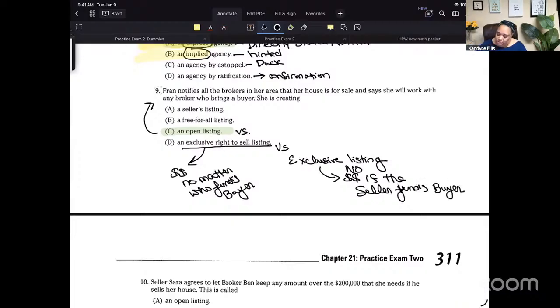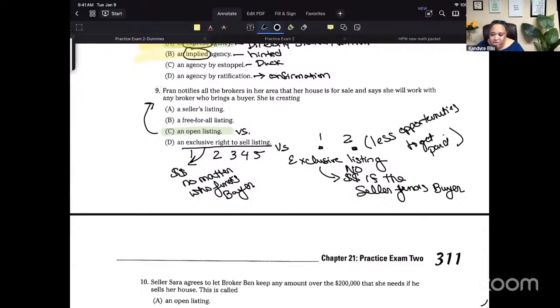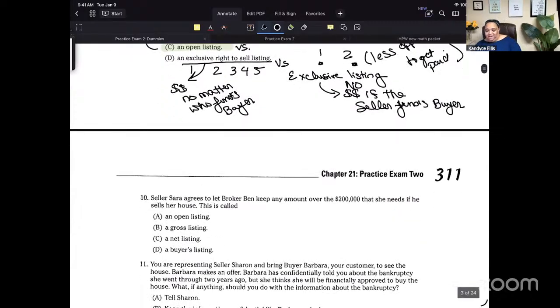So in an exclusive listing, you have fewer opportunities to get paid, which is cool because there's fewer words. This is just exclusive listing, 1 word, 2 words. This is an exclusive right to sell listing. It's 5 words. More words, more opportunity to get paid. There we go. All right, number 10.